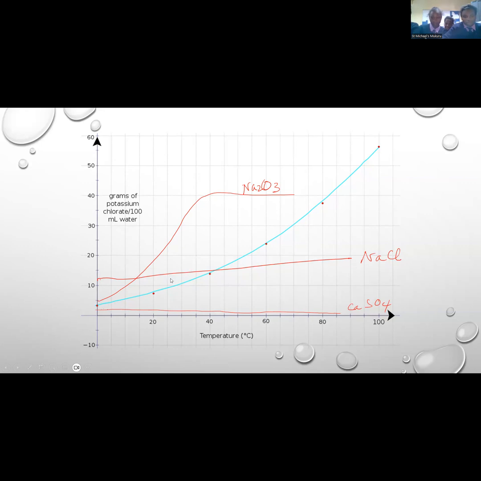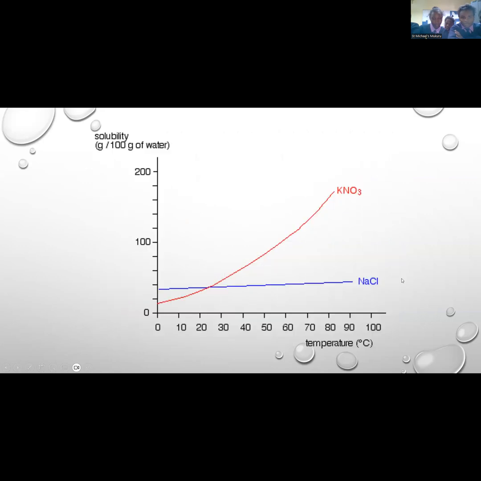Sodium chloride increasing, straight line. Potassium chlorate very steeply rising above the sodium chloride. Sodium carbonate goes up so far and then decreases. Calcium sulfate hardly soluble at all and dropping. Let's look at them all again. There's the sodium chloride compared with potassium nitrate.